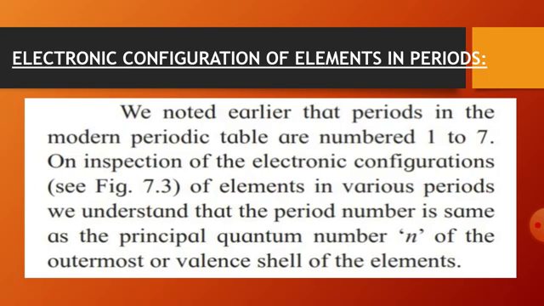It means if a particular element belongs to the third period, that element will contain 3 shells, that is, its principal quantum number will be 3. Suppose we take sodium, it comes under the third period, so it will contain 3 shells. Its outermost shell will be 3.